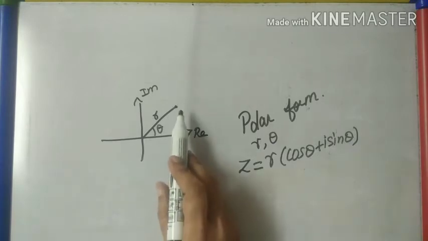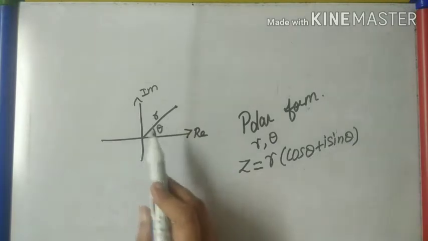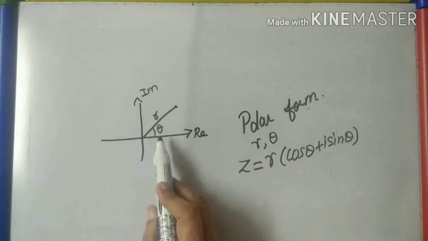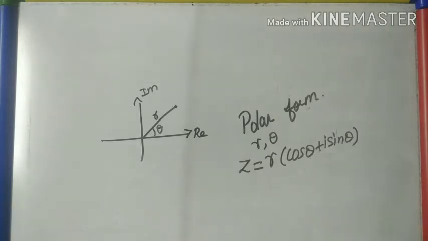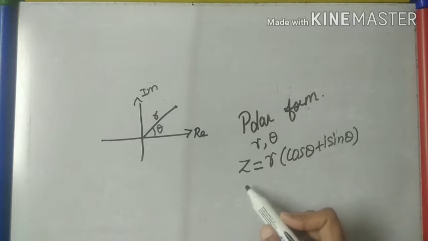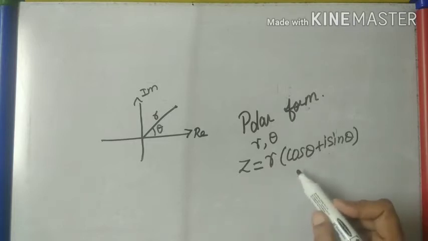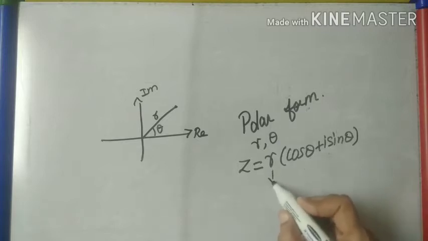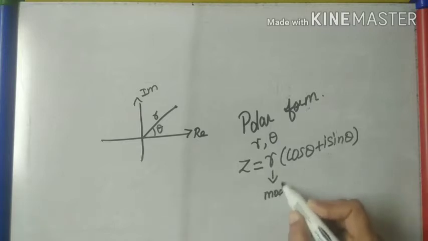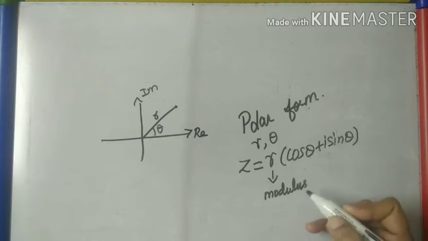Given a complex number makes a distance r and angle theta with the real axis, we say z is equal to r into cos theta plus i sin theta. This r is nothing but the modulus, what we already know in the ordinary representation.